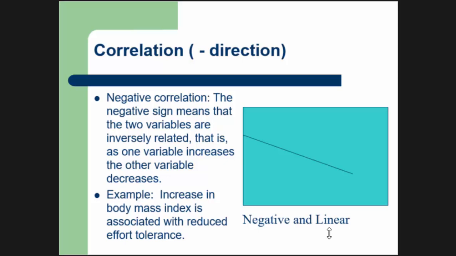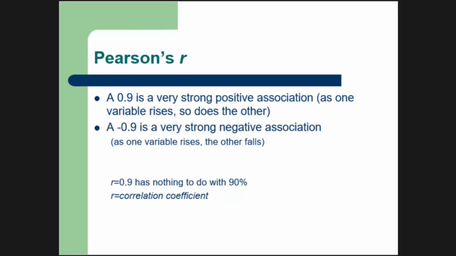I'm fat, I'm big, and had to climb up 4 flights of stairs. Luckily, I did not get a myocardial infarct at the top. Why? Because increased body mass index is related with reduced effort tolerance. Clear about the story of negative and positive?